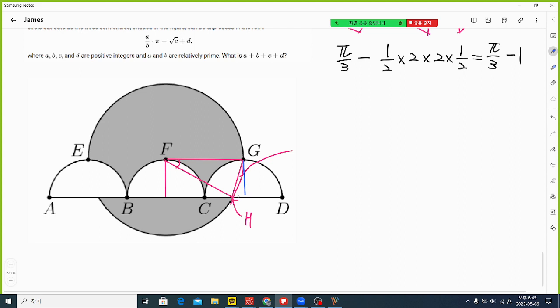To do that, I'm going to subtract the area of this blue triangle from the quarter circle. So the quarter circle's area is pi over 4.